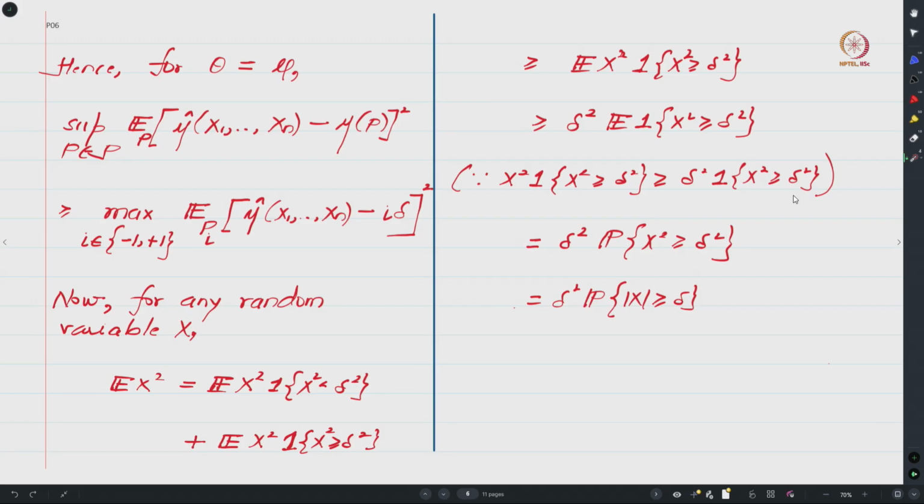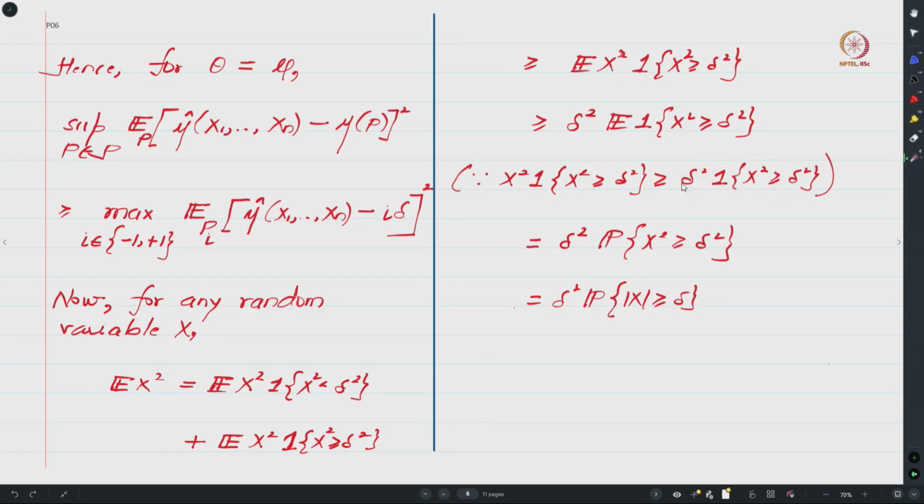On the other hand, when this event indeed holds, that is X square is bigger than delta square, on this event this random variable can be shown to be lower bounded by this random variable for all sample points, and from the monotonicity of the expectation one can show that the expectation of this random variable is lower bounded by the expectation of this random variable.